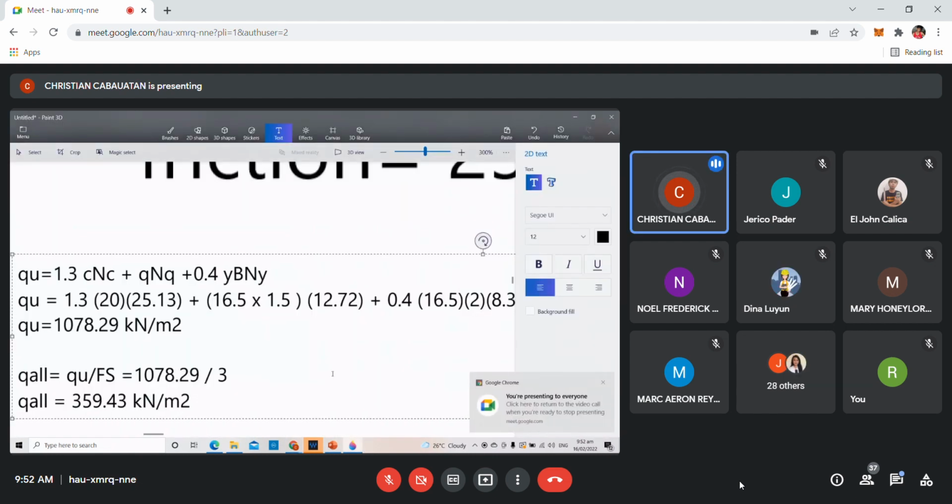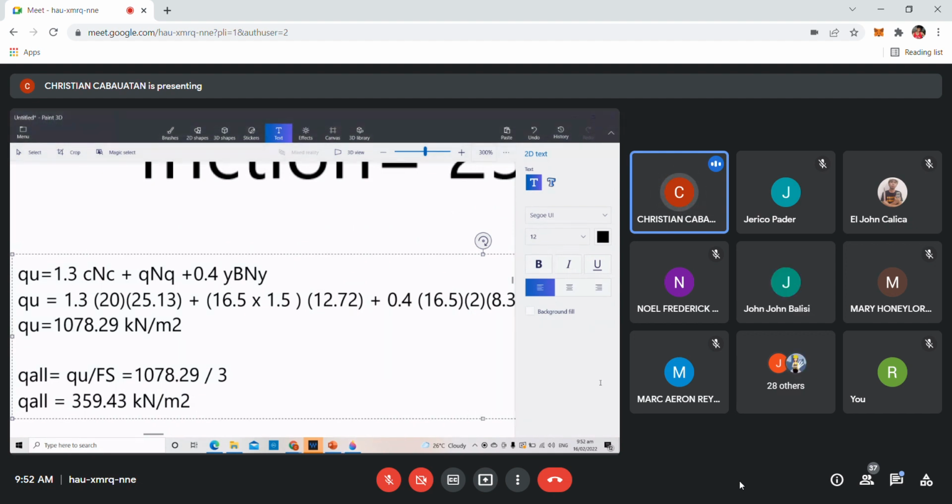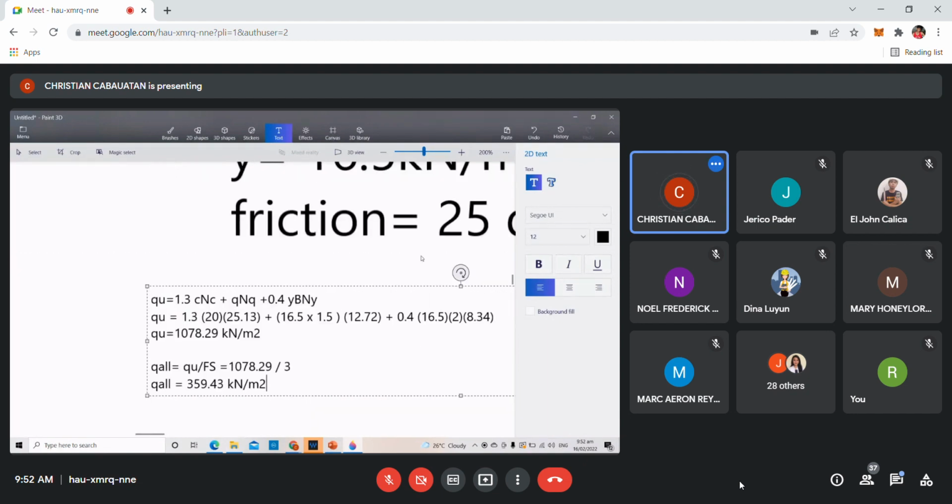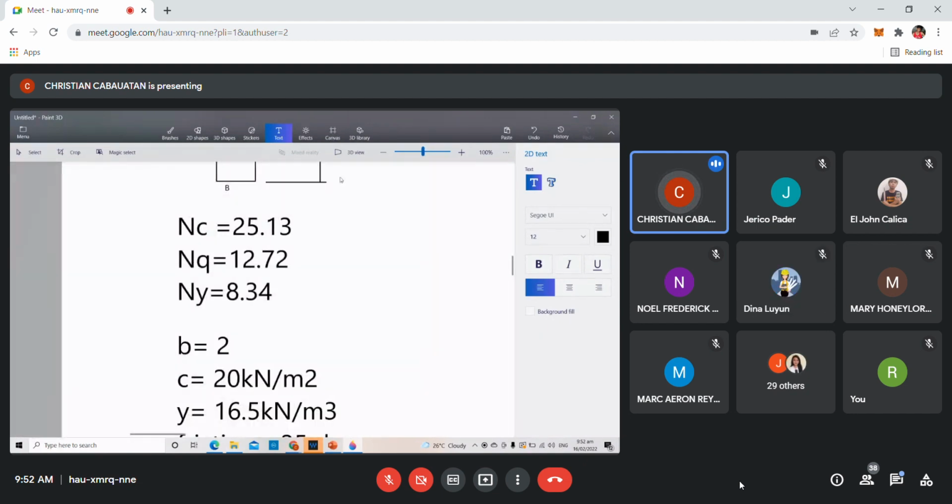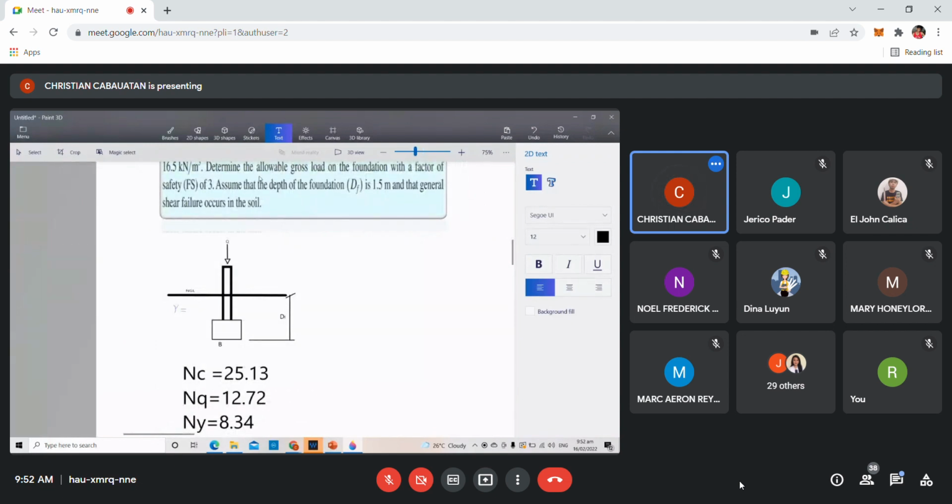Okay. Going back sa ating problem. So, ito na ba yung hinahanap natin? Q allowable 359.43 kilonewton per meter squared. Hindi pa yan. Kasi ang nasa problem, it is stated na ang ating hanapin ay si allowable gross load. Load siya.